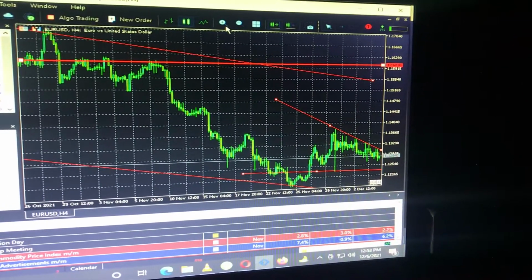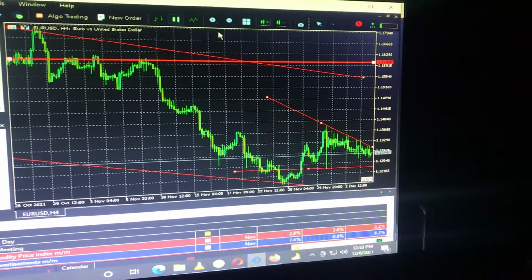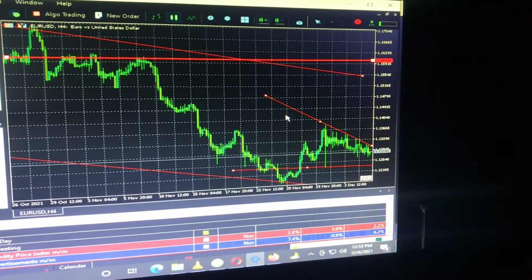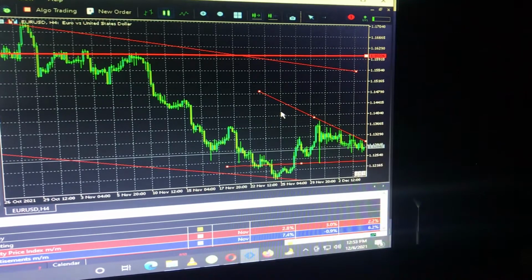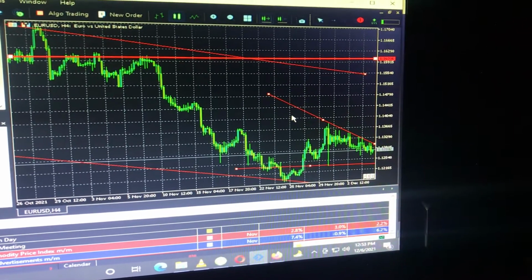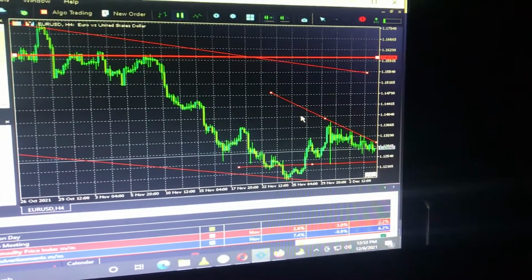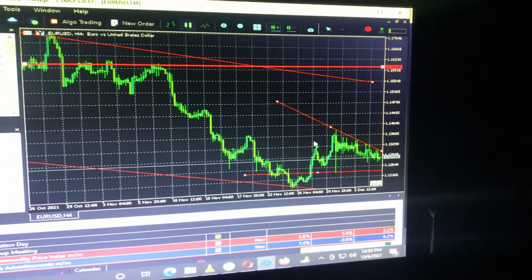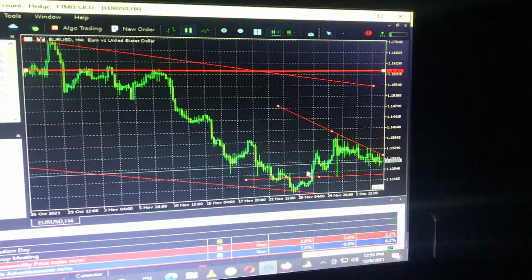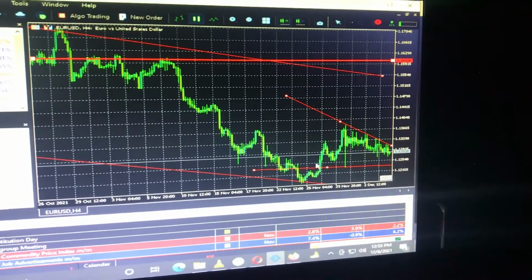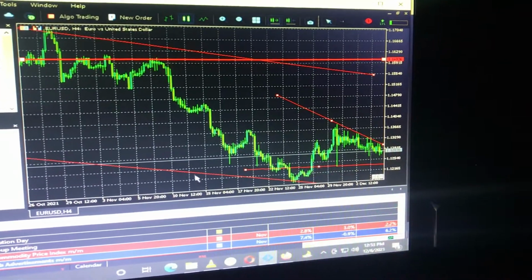So now on our 4 hour chart right here, please follow my mouse cursor, because I don't have anything to use to point apart from the mouse. Right here we have this horizontal line, and for this horizontal line we have this trend line.